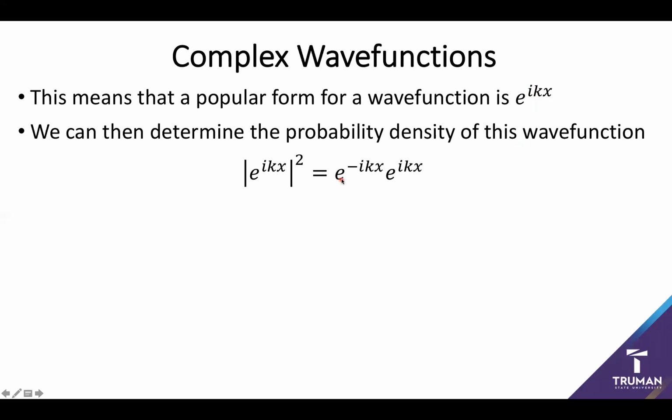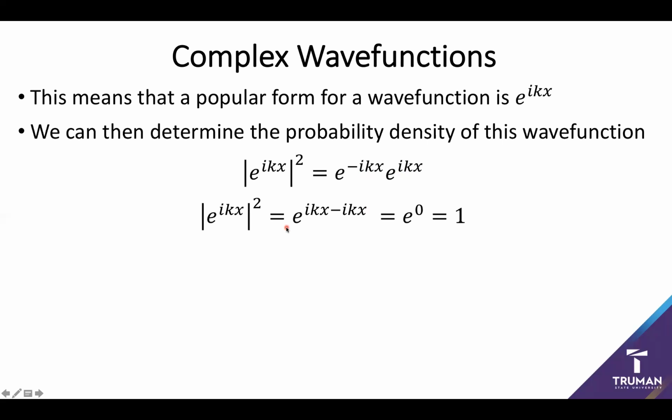Now, when we do this, we can make use of our exponential rules, because I can just add together the exponents. However, you'll notice that if I try and add these two exponents together, it turns out we get some entertainment because they just end up canceling out. ikx minus negative ikx just gives me 0.